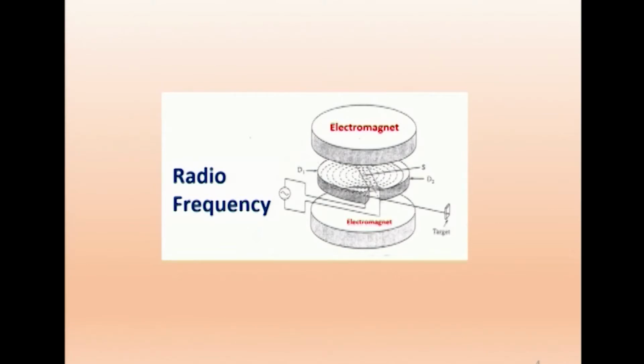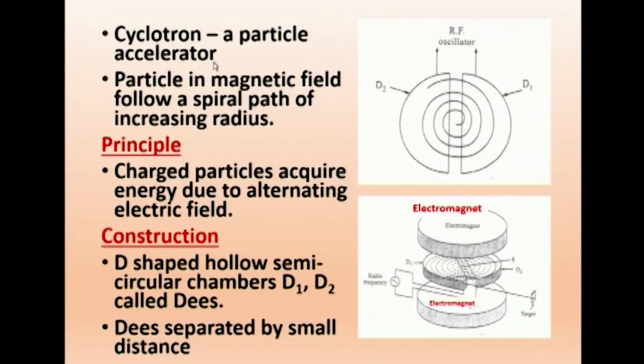Now we will go to more of the physics. The cyclotron is a particle accelerator, and a particle in a magnetic field follows a spiral path of increasing radius. You would have studied this in school also. When a particle is subject to a magnetic field, it makes a circular path. Suppose a particle is moving in one direction and you apply a magnetic field perpendicular to it; it will start turning.